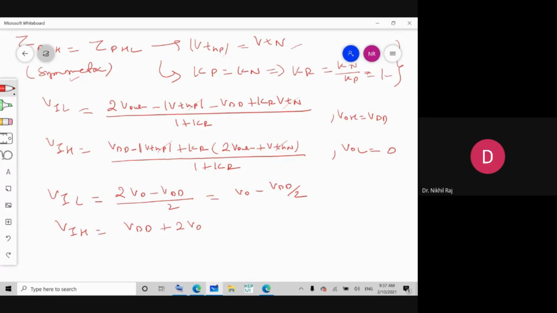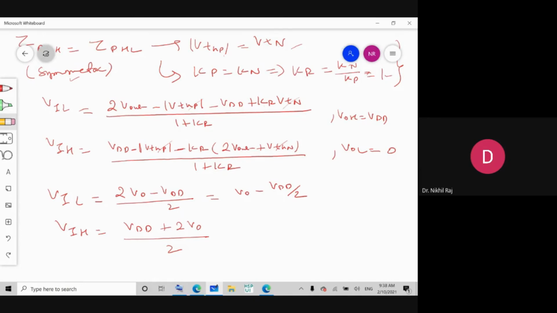It should be minus... in the VIH equation, I think the minus should be there. Just to cross check the equation, maybe I have written it wrong.